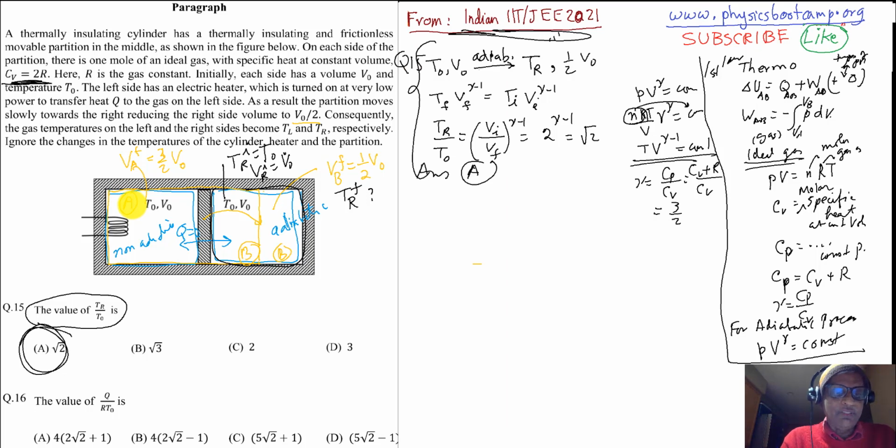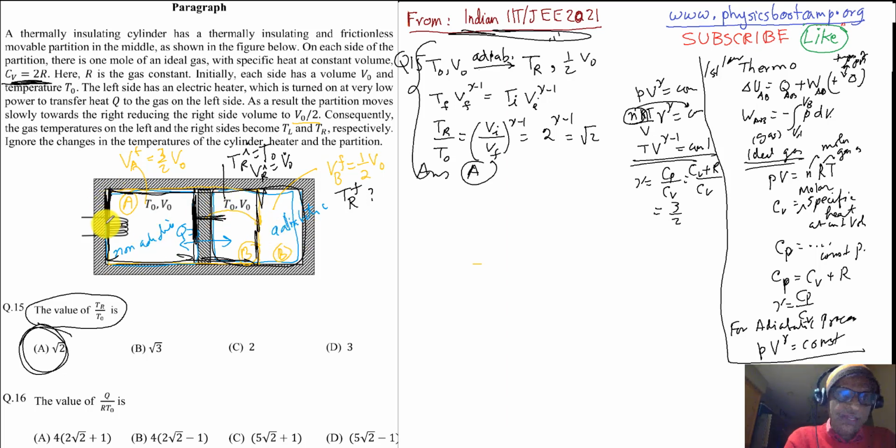Now the second one. You can see that from here it has gone here, part A, but you can do this several different ways. This is the only source of heat, and when this thing is moving, there will be work done on A by B and vice versa.